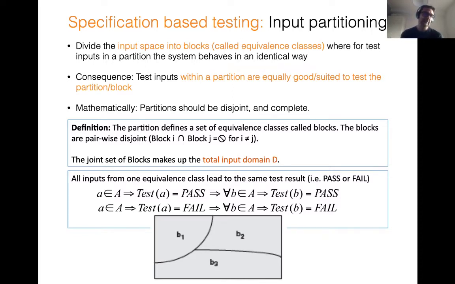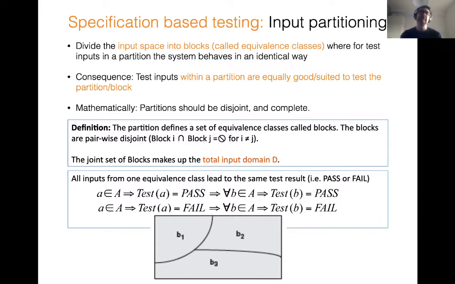And why we are going to identify equivalence classes is because we don't want to take 1,000 test cases or inputs from B1 here and forget about B2 and B3, right? So we want to take only a few in each class, and then we must first identify the classes.